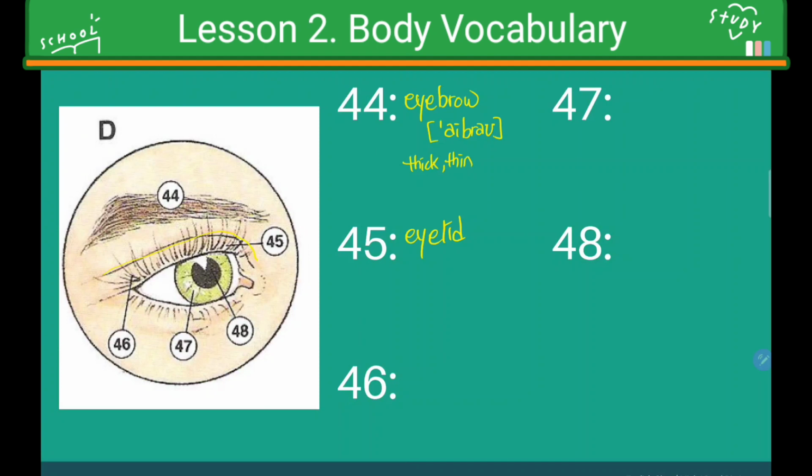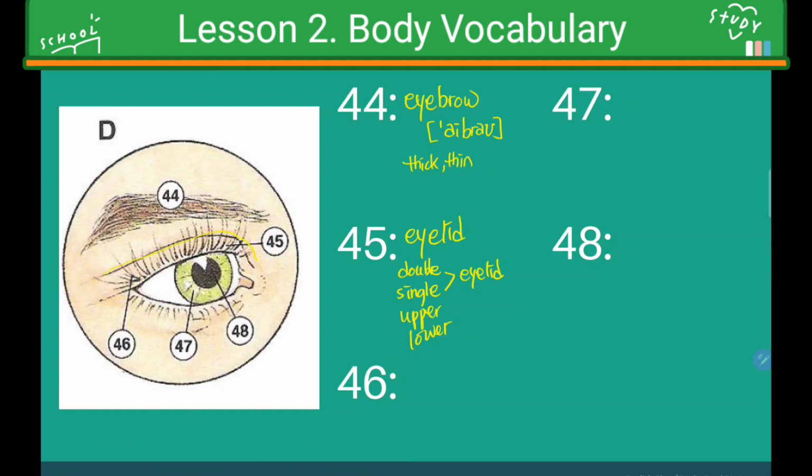It's one word. We use the term double or single eyelid, or upper or lower eyelid. Upper eyelid refers to the one on top of our eyes, and lower is beneath it.